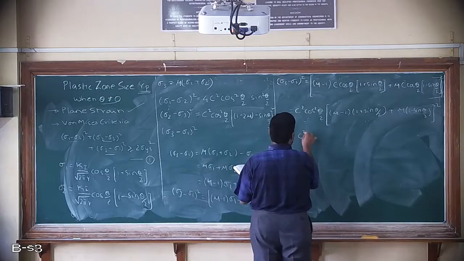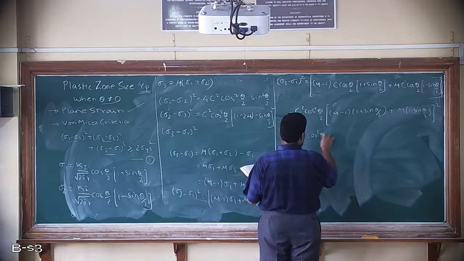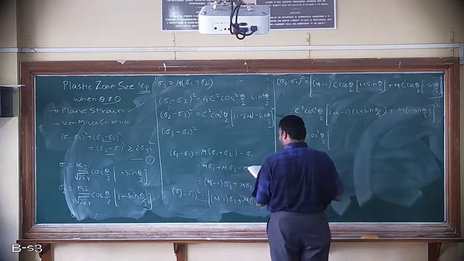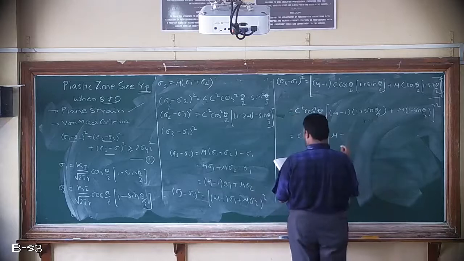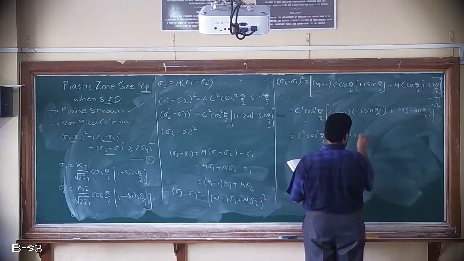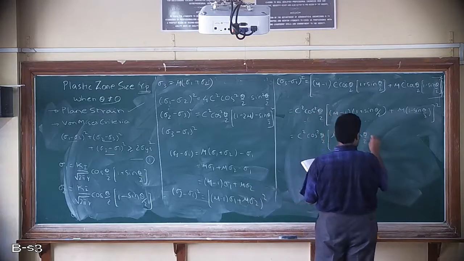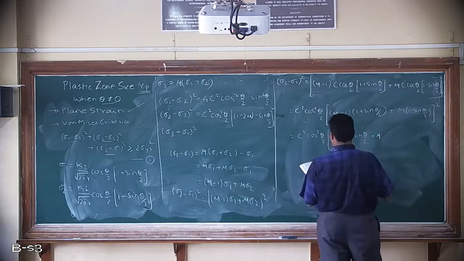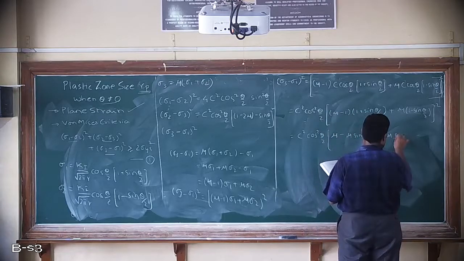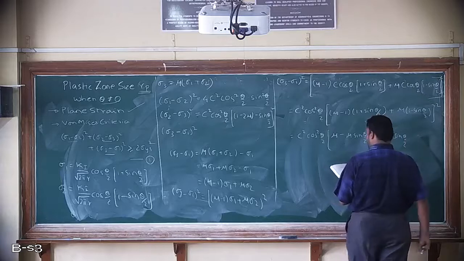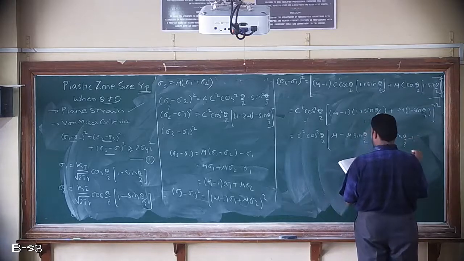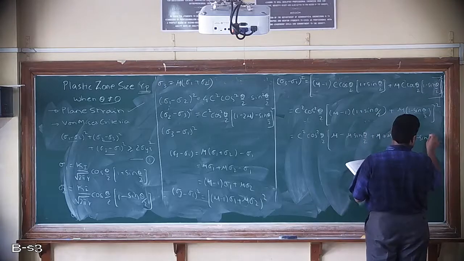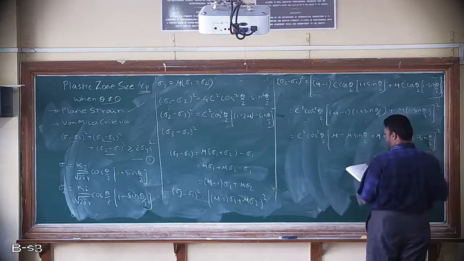So this will be c square cos square theta by 2. So here I can write this as mu minus mu sine theta by 2 plus mu sine theta by 2 minus 1 minus sine theta by 2 the whole square.